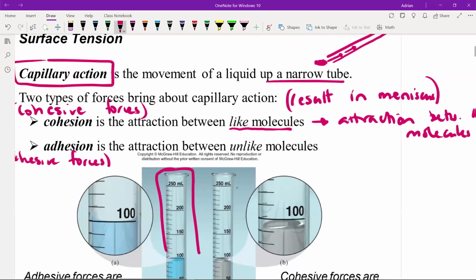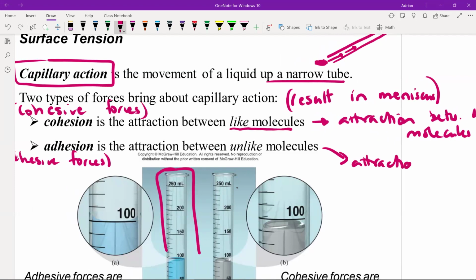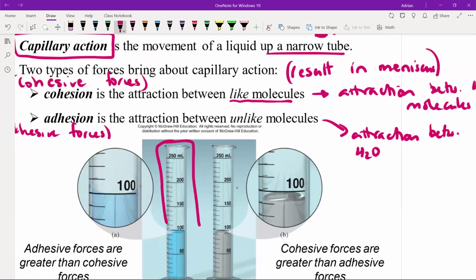Well, then we can contrast that with an adhesive force or adhesion, which is the attraction between unlike molecules. And this would be the attraction between the water and the only other thing that is not water in a graduated cylinder, which is the graduated cylinder itself. So it would be between the water and the walls of the graduated cylinder.